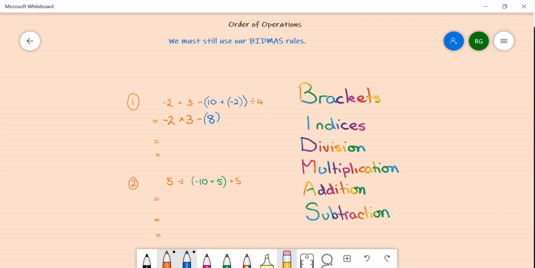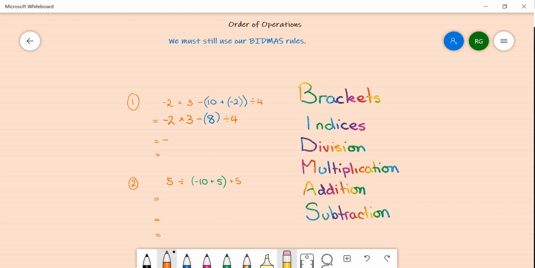We can keep that in brackets if you like, but it doesn't really matter. Divided by 4. Now, what do we do next? There are technically no more brackets because there's nothing we can do with that 8. There are no indices. So let's do our division problem next.